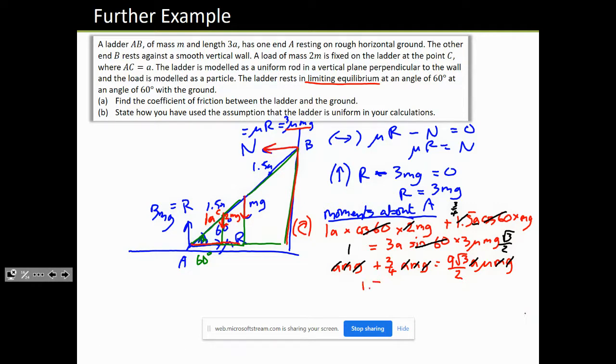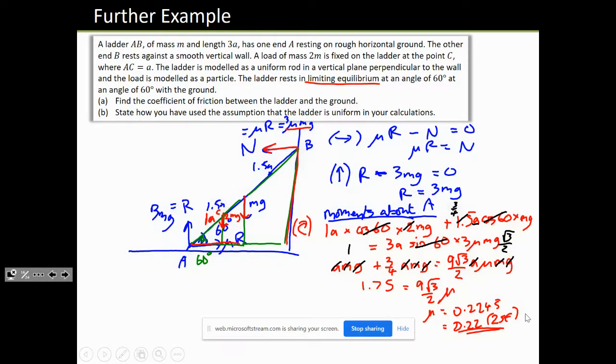So I've got 1.75 equals 9 root 3 over 2 mu. So I could do 1.75 divided by my 9 root 3 over 2 to get me a value for mu equal to 0.2245, which is 0.22 to 2 significant figures.